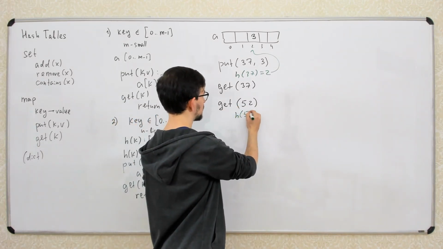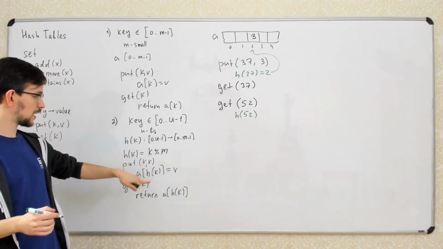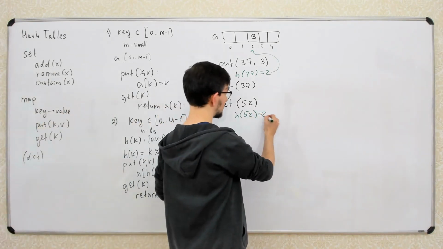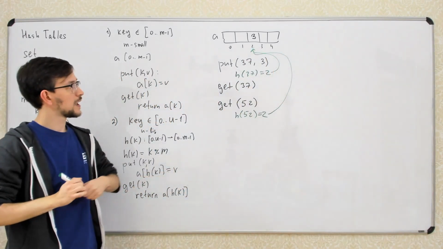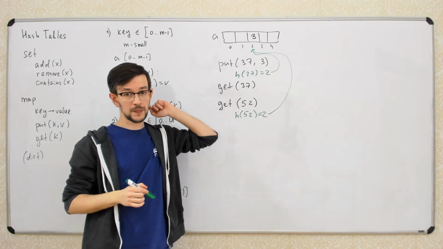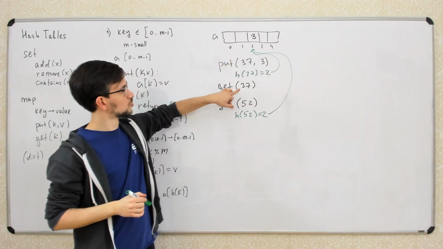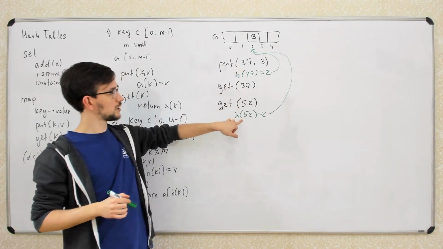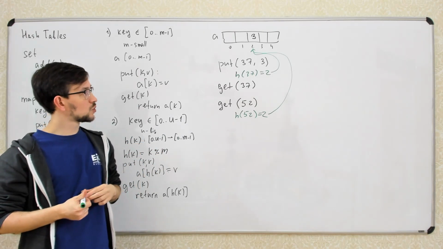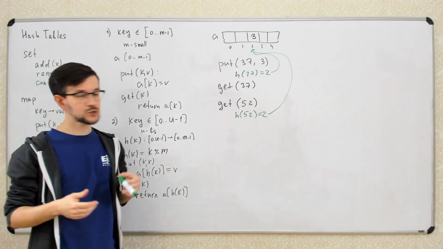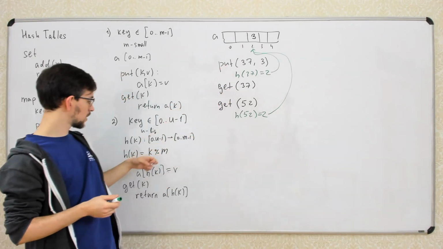Calculate from 52, it will be 52 modulo 5, which is again 2. So you will look in the same cell and get the result equal to 3. That's not correct. This 3 corresponds to key 37, not to key 52. So you get a wrong result because these two numbers have the same hash value.